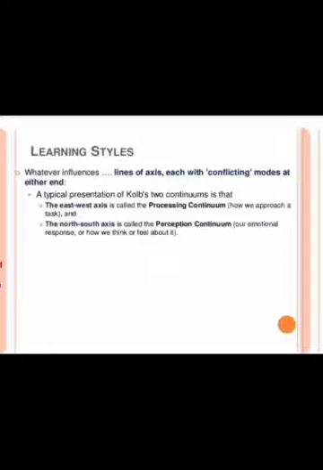A typical presentation of Kolb's two continuums is that the east-west axis is called the processing continuum, how we approach a task, and the north-south axis is called the perception continuum, our emotional response, or how we think or feel about it.